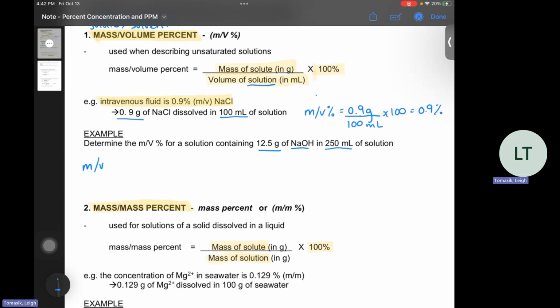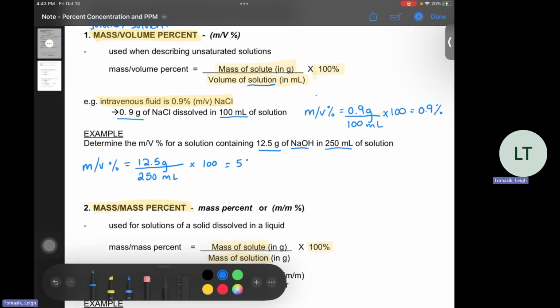How would we find the mass per volume percent so we could write it on the container? We would take the solute, divide by the solution, and multiply by 100. 12.5 divided by 250 times 100 gives me 5%.